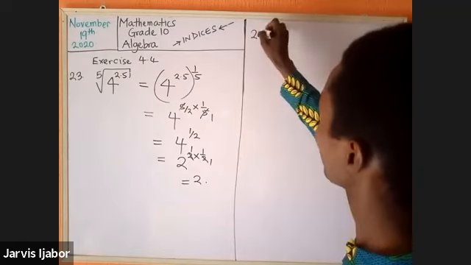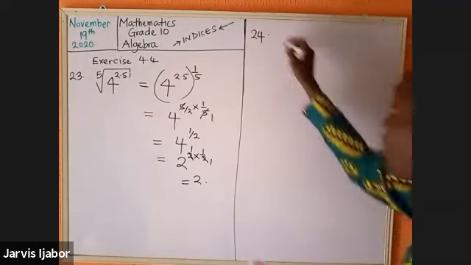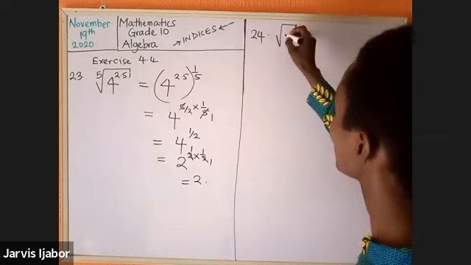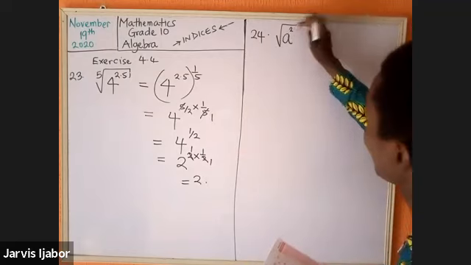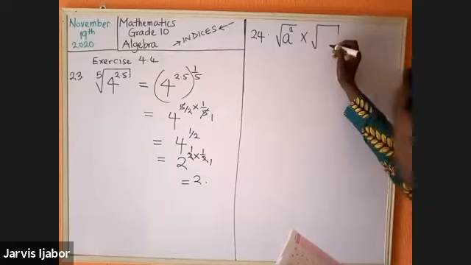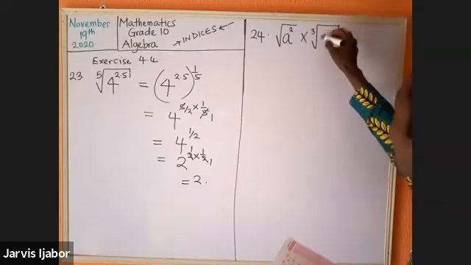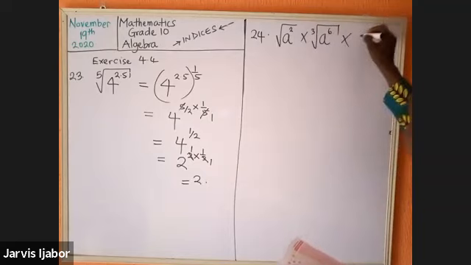Now in question 24, what do we have? We have the square root of a squared times the cube root of a to the power of 6 times a. Are we seeing that?